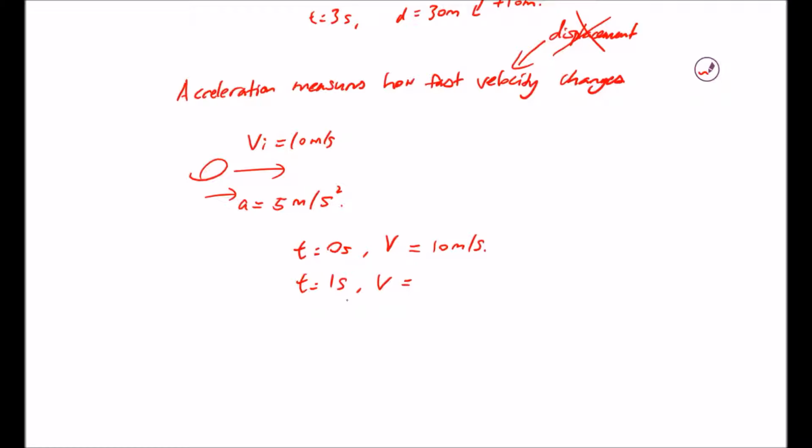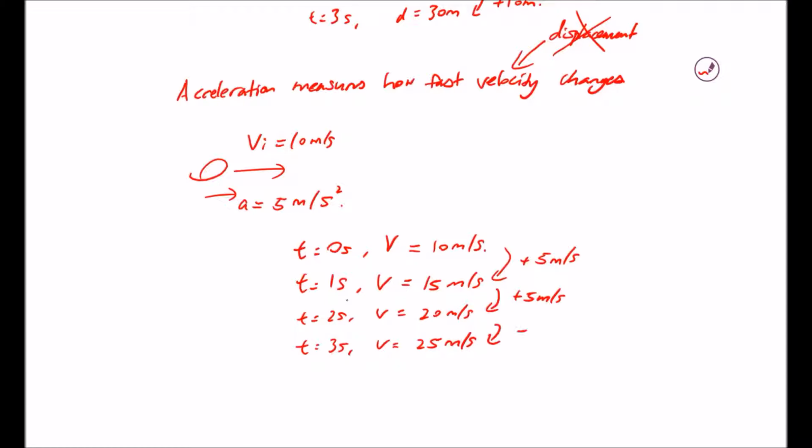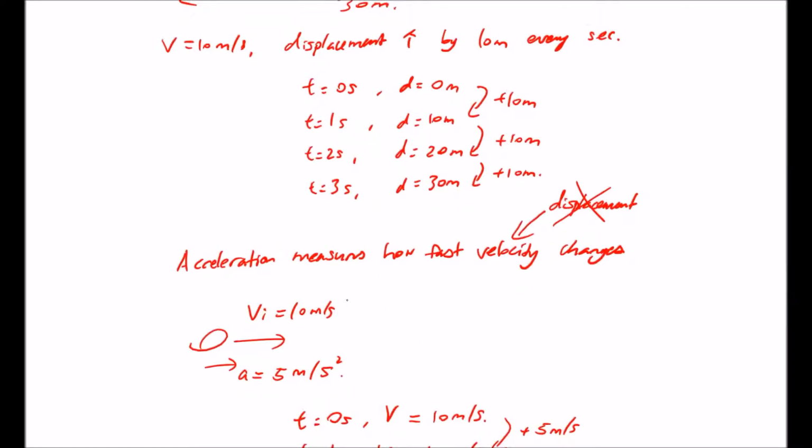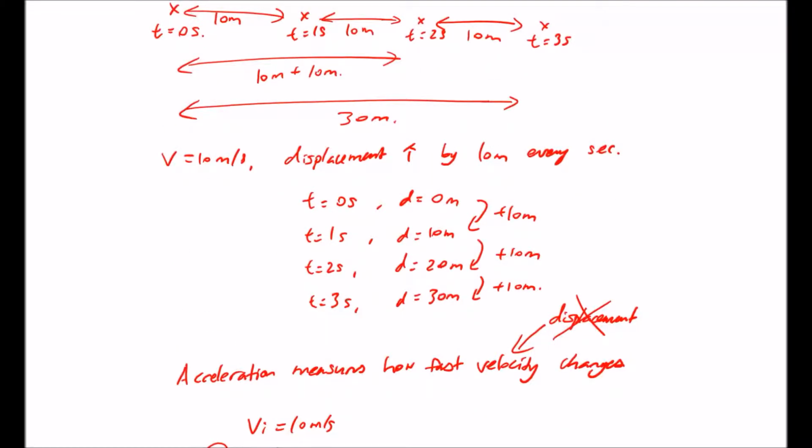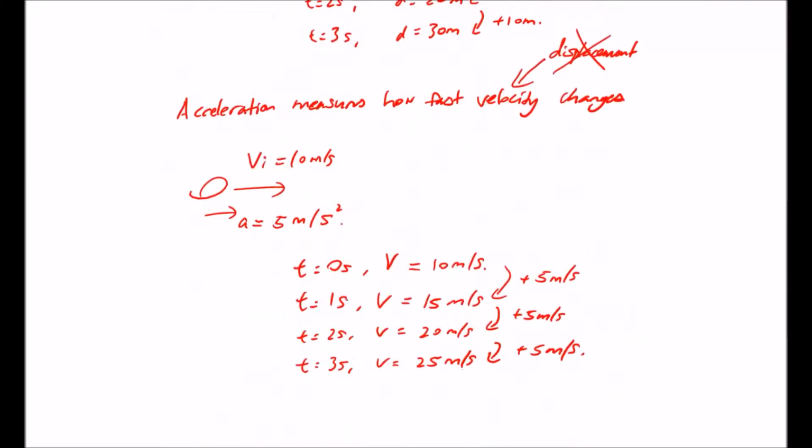So at time equals 1 second, velocity is 15 meters per second, an increase of 5 meters per second. Time equals 2 seconds, velocity equals 20 meters per second, with an increase of 5 meters per second again, and so on and so forth. So acceleration is actually very similar to velocity. It's just that in velocity we are talking about how fast displacement changes, whereas in acceleration we are talking about how fast velocity changes.